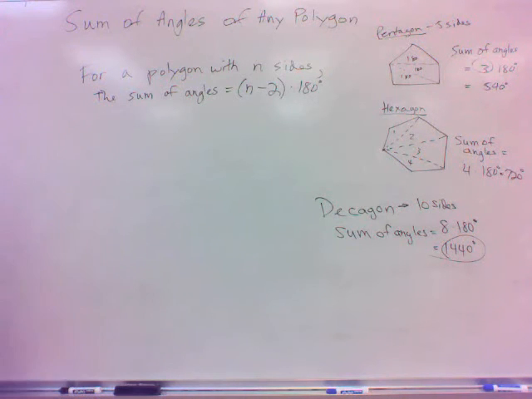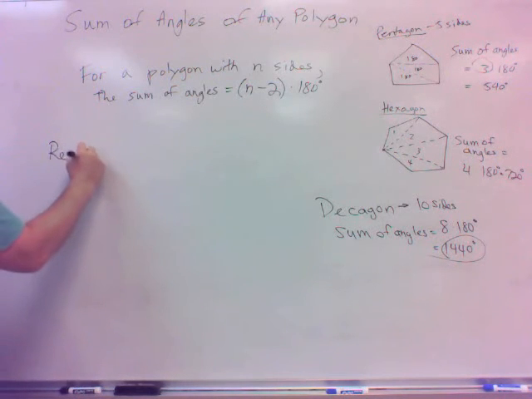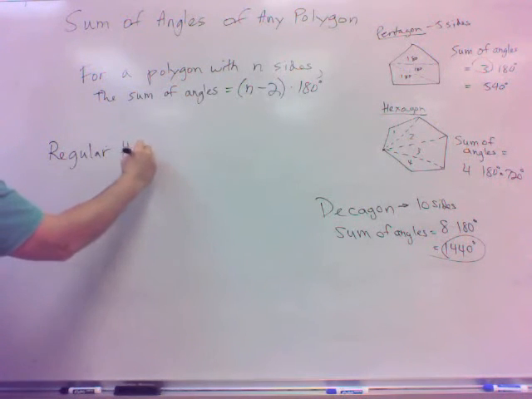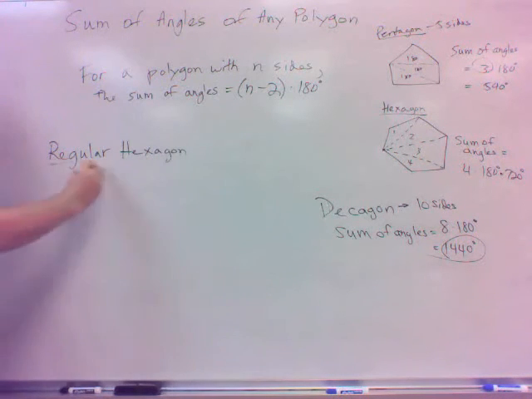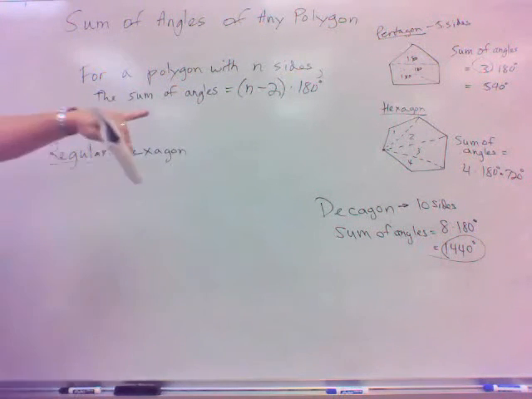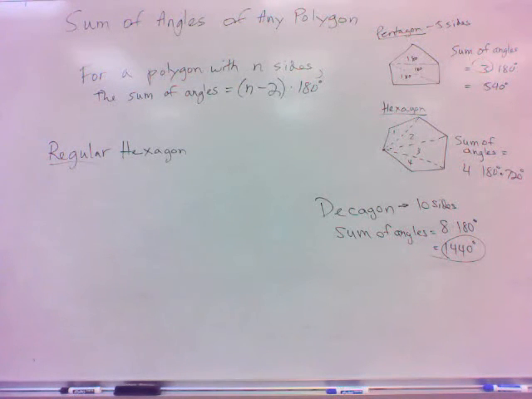All right. Now, one step further with that. Let's say I have a regular hexagon. Well, it being regular, unlike the one I drew there, I tried to draw it regular, but it's kind of hard to draw those.